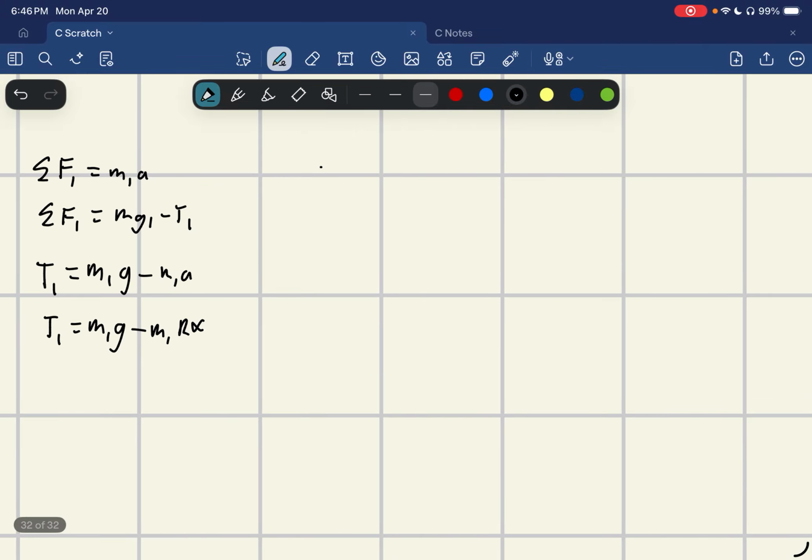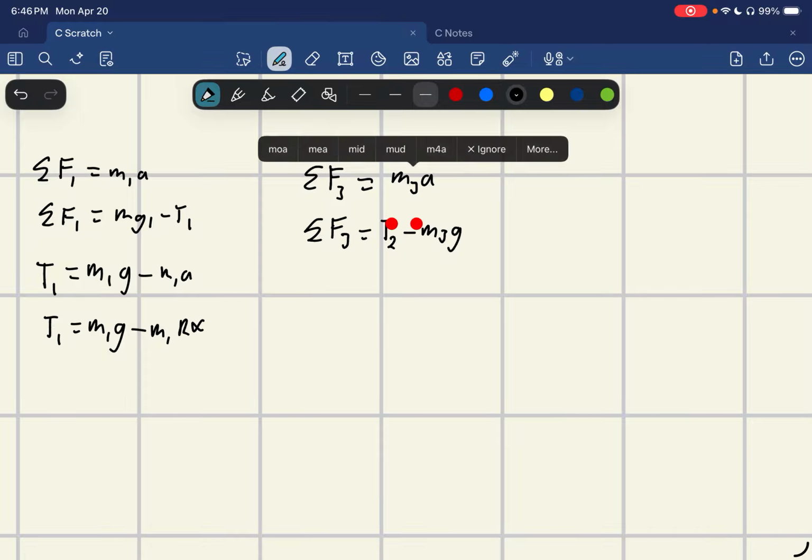And then for M3, we know that the net force is equal to M3A, but we also know that F3 is equal to T2 minus M3G. And here it's T2 first because I'm making it so that the 2 kg block will go up because of the motion. So here I'll equate the two equations I found.